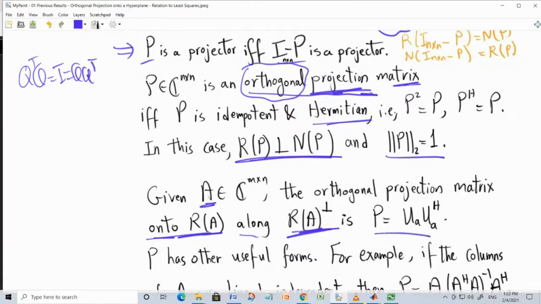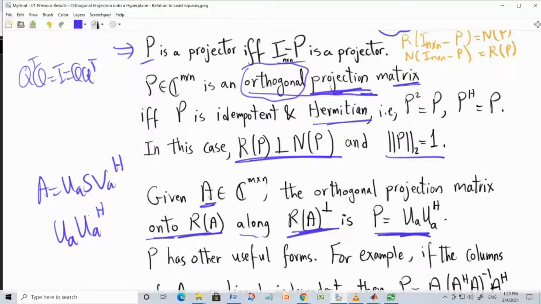Last time I said that this projection matrix can be written in terms of the reduced SVD of A. So if A is equal to U_A Sigma V_A Hermitian, then to orthogonally project onto the range of A, you need to use the matrix U_A U_A Hermitian.